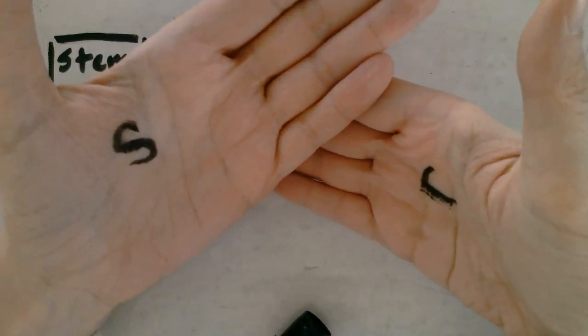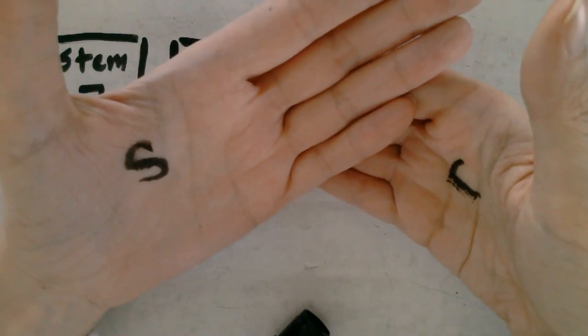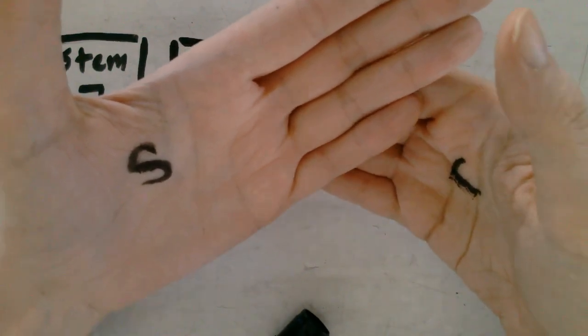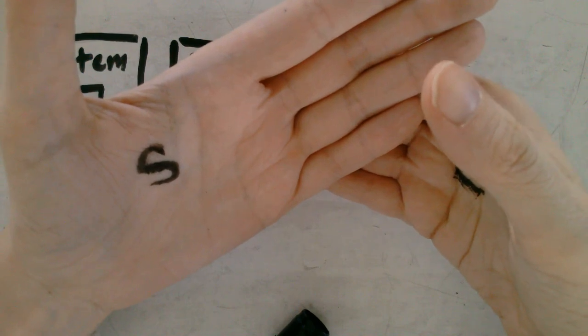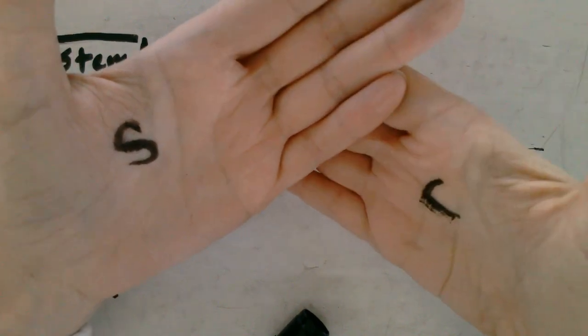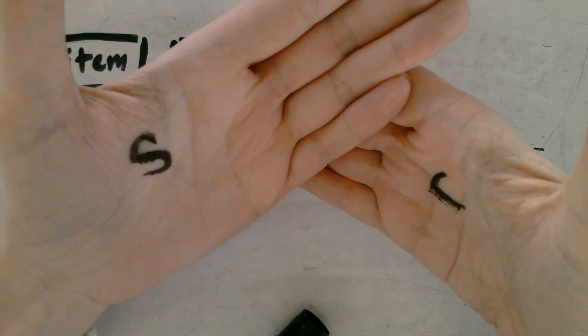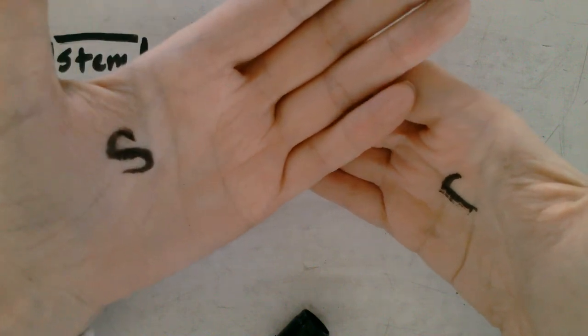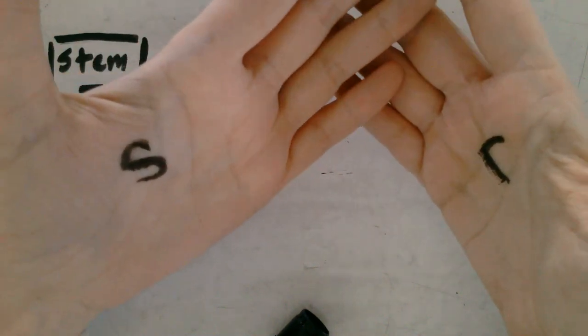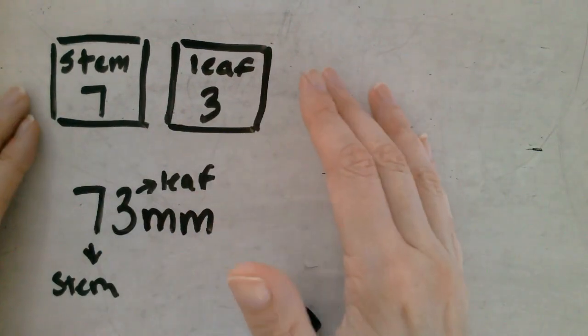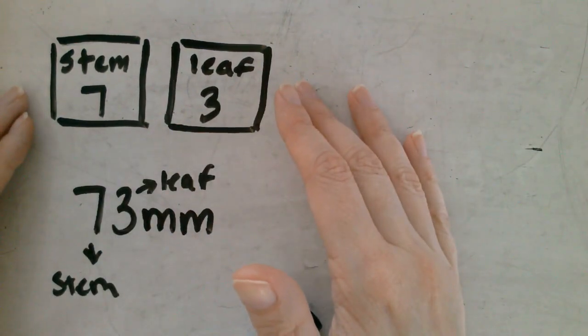So stick those onto your hands right now. Now, you are going to switch over to start your class activity, but listen as I explain what you're going to do. Don't wiggle too much. Your stem and leaf sticky notes should still be stuck onto your hands. Now that you have your sticky notes in your hands, your teacher is going to come around.